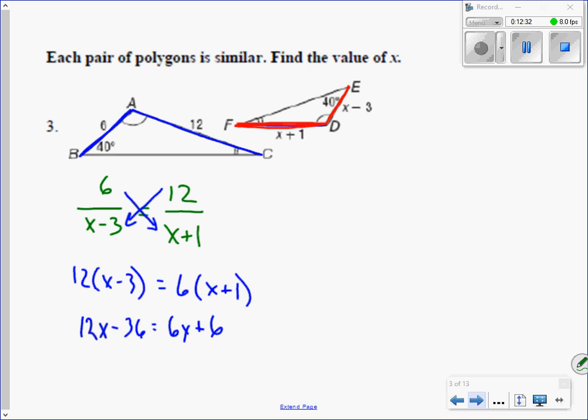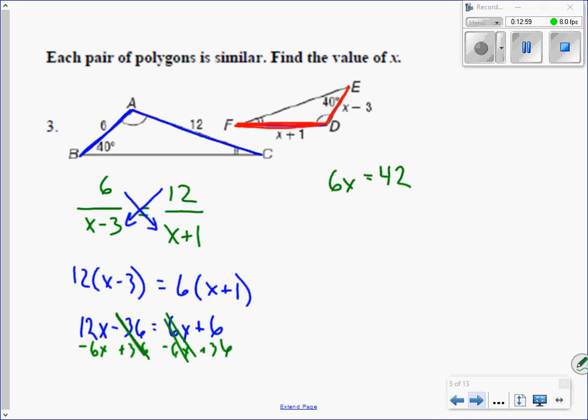I'm going to subtract 6x from both sides, and at the same time I'm going to add 36 to both sides. That will cancel that and that. And so my next step will be 6x equal to 42. 12x minus 6x is 6x. 6 plus 36 is 42, and everything else cancels.